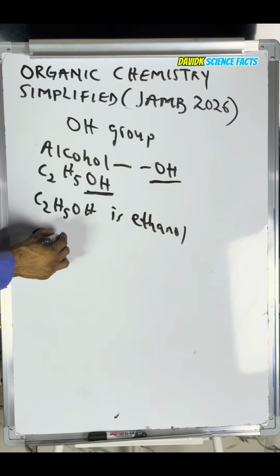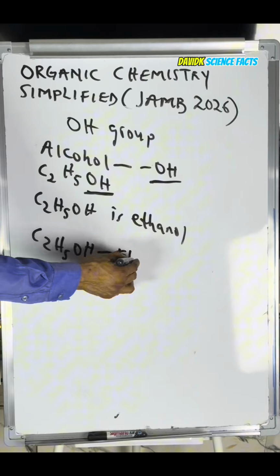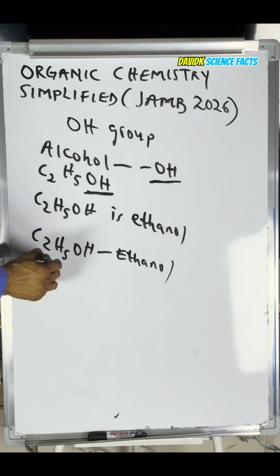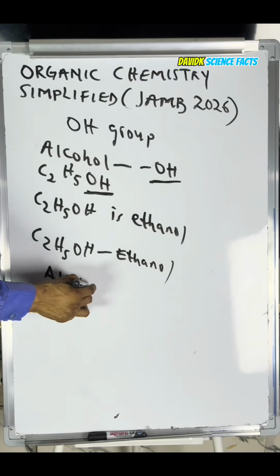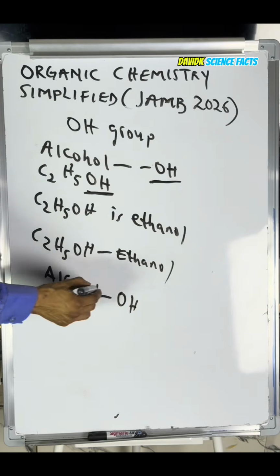So C2H5OH is also ethanol. Alcohol has the OH. Take notes.